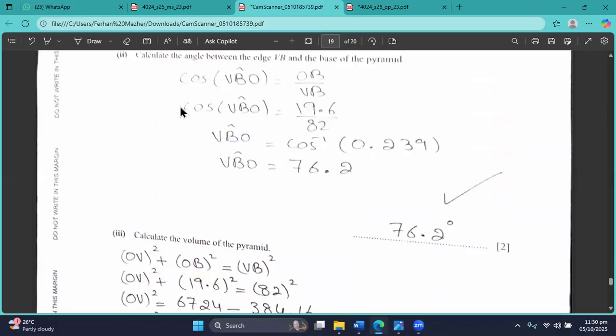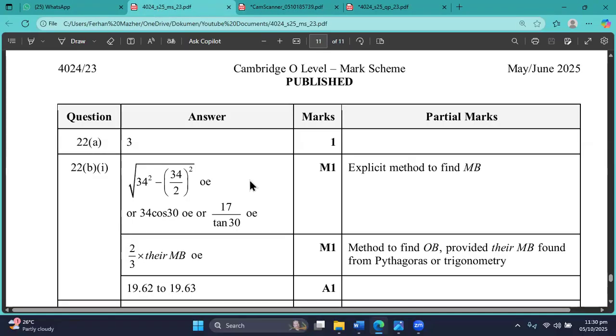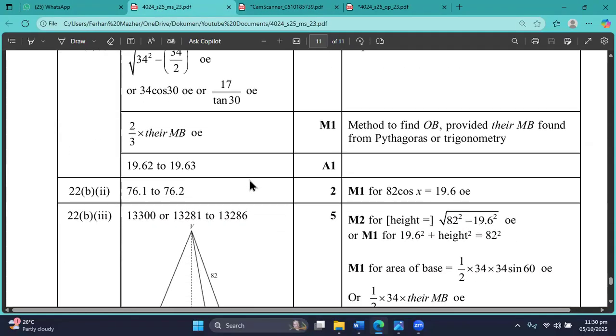So the cos of the VBO will be equal to the base by the hypotenuse, and the cos of the VBO will be 19.6 divided by the 82. So the VBO angle will be equal to the cos inverse of 0.239. So VBO angle will be equal to 76.2. So that side makes 76.2 degrees with the base.